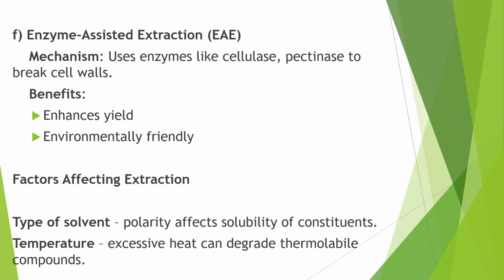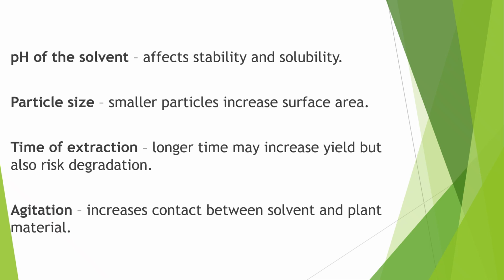The type of solvent we are using is very important, where polarity affects the solubility of constituents. That is why the solvent must be chosen on the basis of its polarity. Temperature: excessive heat can degrade thermolabile compounds and some heat-sensitive compounds too. pH of the solvent can affect the stability and solubility of the phytoconstituents present in it.